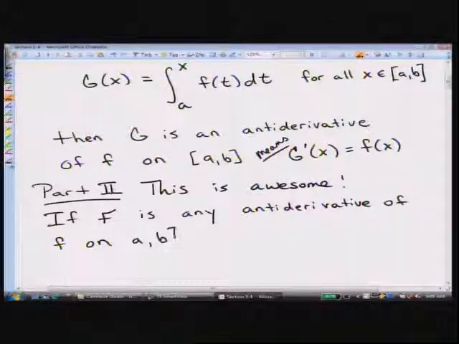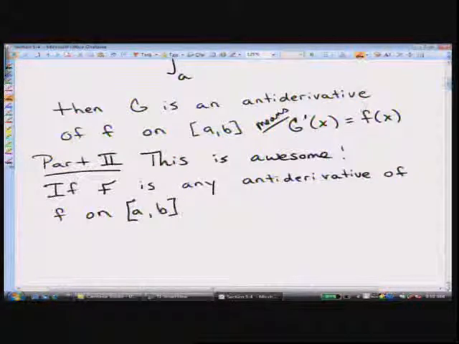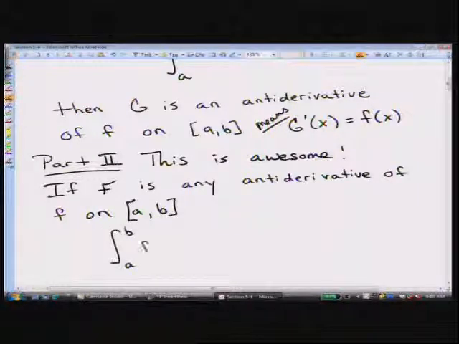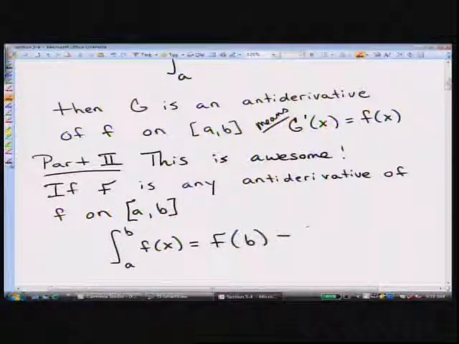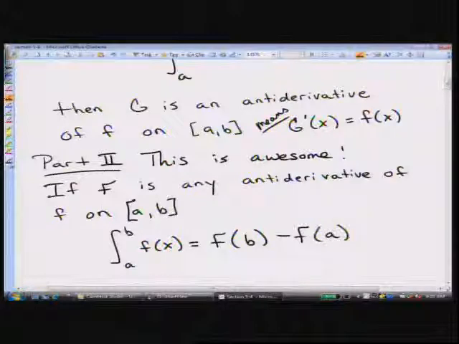For example, if little f is x, then big F is x squared over 2 plus some constant. So it could be x squared over 2 plus 5 or x squared over 2 plus 12 or whatever, okay? Big F is the antiderivative of little f. If that is true, then the definite integral from a to b of little f of x is exactly big F of b minus big F of a.